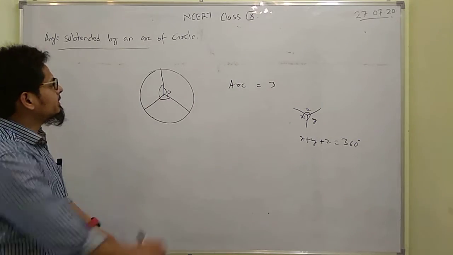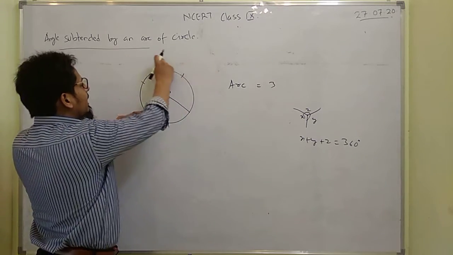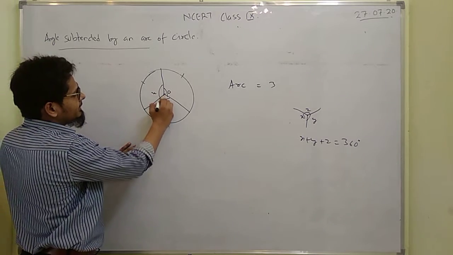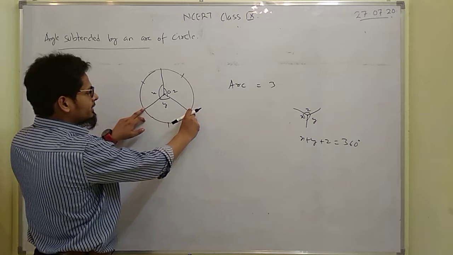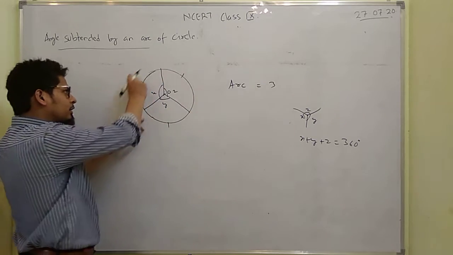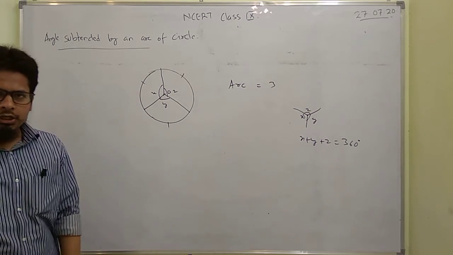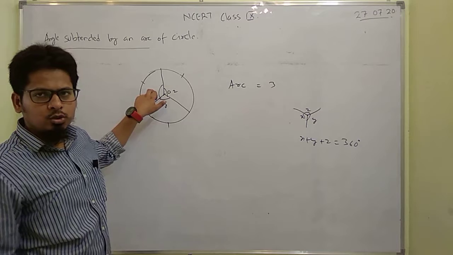But class, if the lengths of these arcs are equal to each other, this is angle x, this is y, this is z, and if all the arc lengths are equal to each other, then all the angles will also be equal to each other.